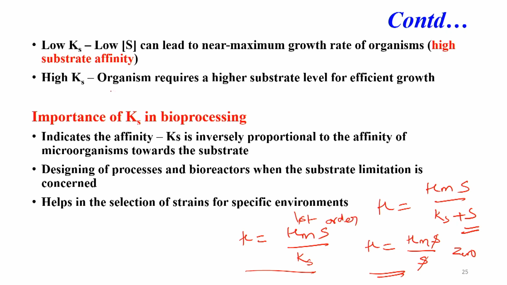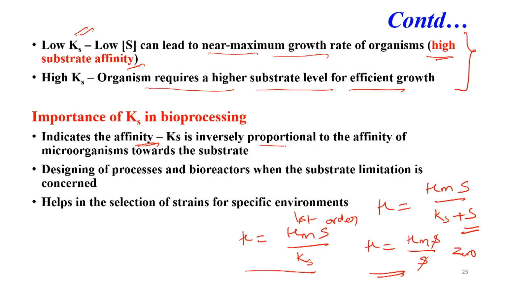A high value of Ks means organisms require a higher substrate level for efficient growth. A low value of Ks means high substrate affinity. It means a low value of substrate can lead to the maximum growth of microbes. So, as we have seen, Ks indicates the affinity towards substrate.